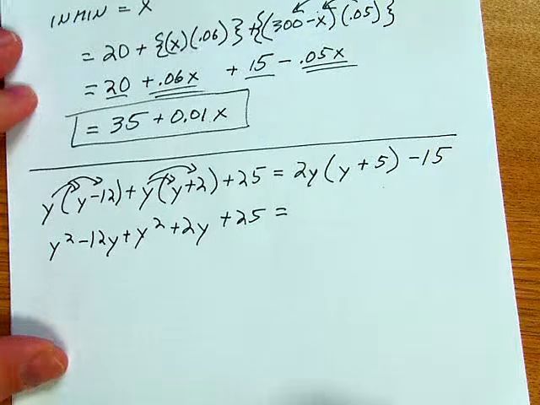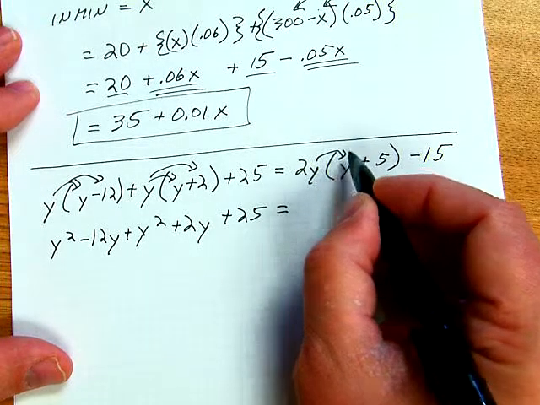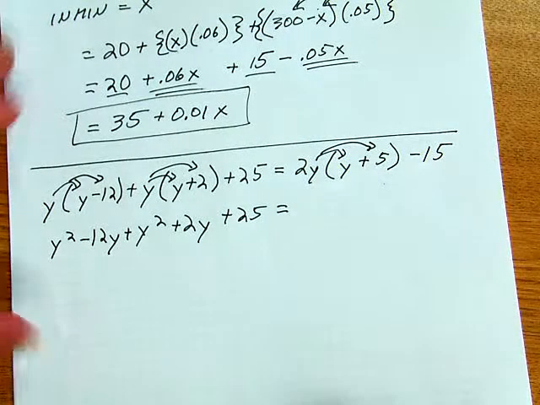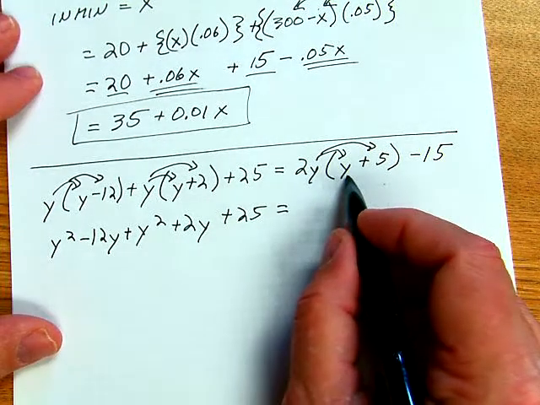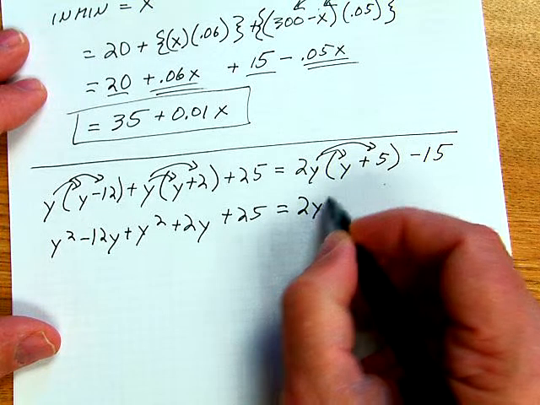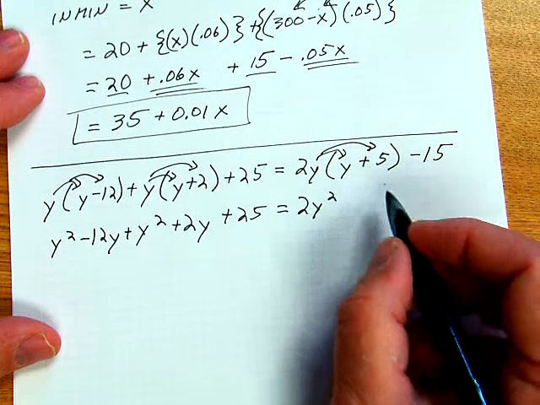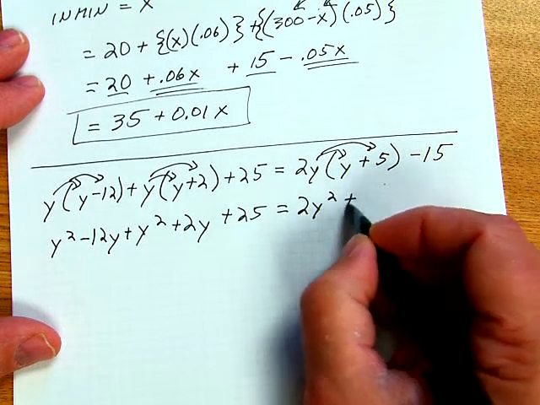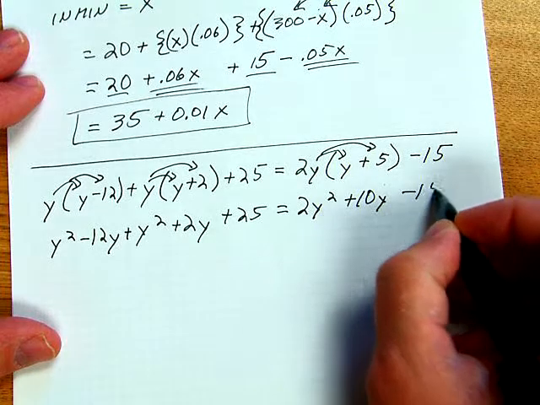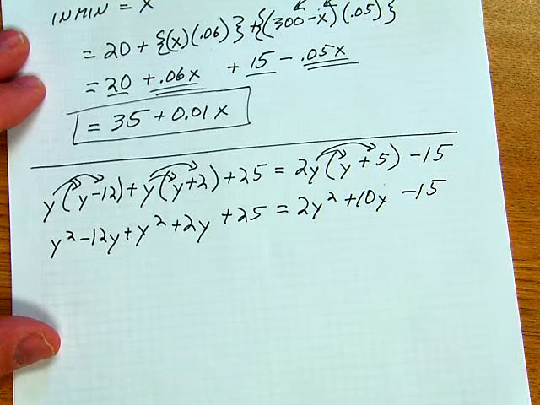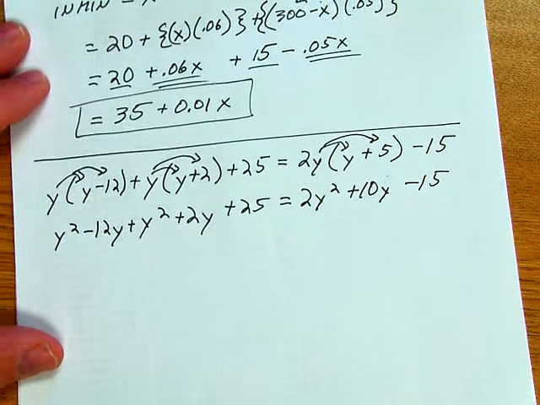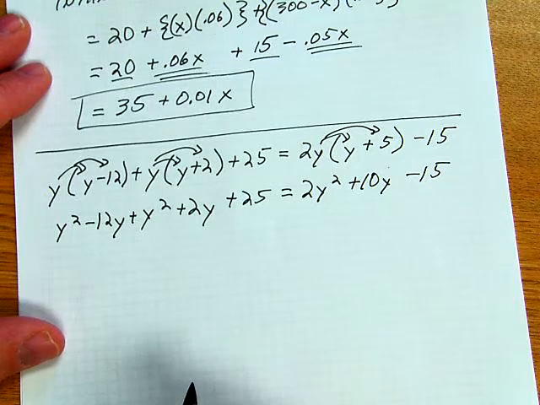And now let's do the right-hand side of the equation. Our two arrows come out. We have 2y times y gives me 2y squared. 2y times 5 is 10y minus 15. Now I noticed I can combine some terms.